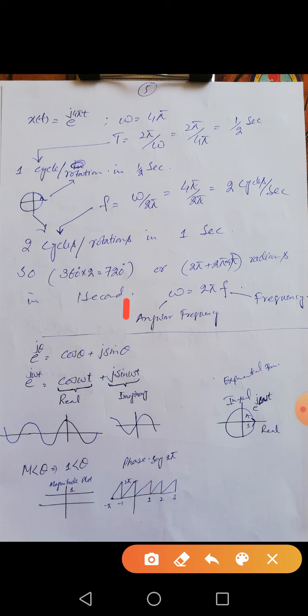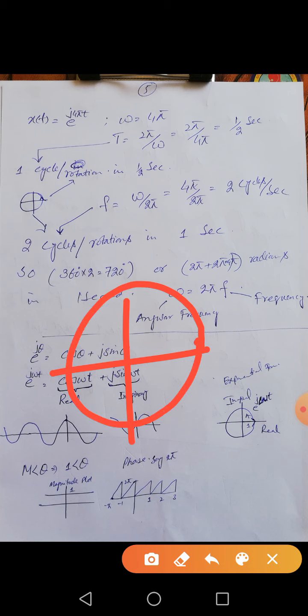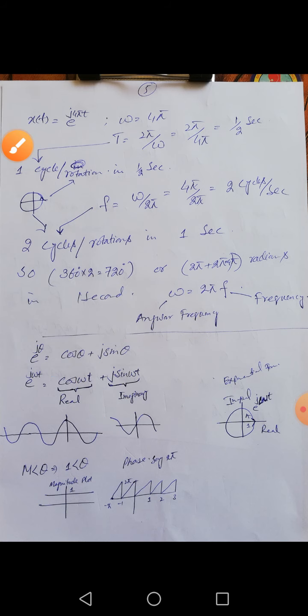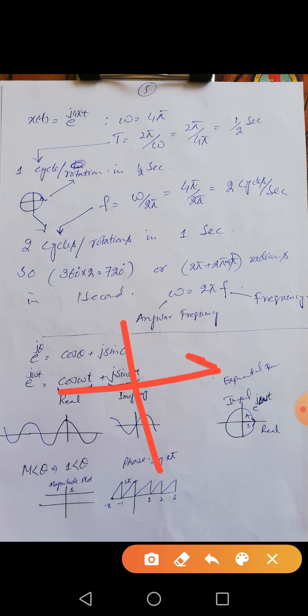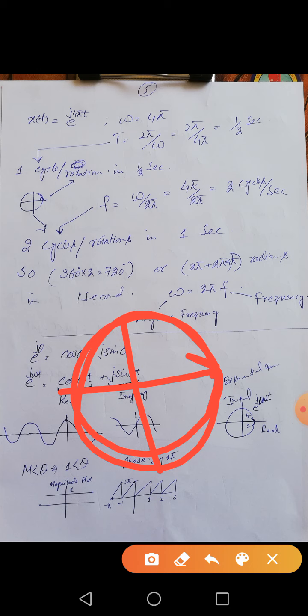According to this, if this phasor is completing 1 cycle in half a second, it has moved 360 degrees, and in another half second it completes another cycle, so a total of 720 degrees it has moved. Or in radians, in half a second this phasor completed 2 pi, and in another half second it completed 2 pi more, so in 1 second it completed 4 pi radians.